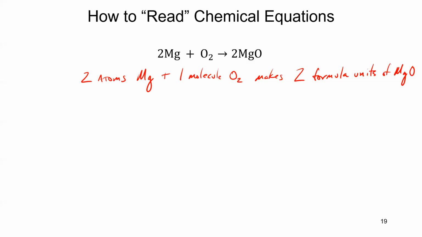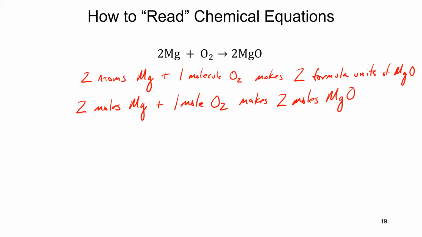Now again, generally we're not thinking about things at the atomic level. When we're doing a reaction in lab, we're going to do that reaction at the lab scale. And so instead of atoms, we're probably going to use moles. So another way we can think about this is 2 moles of magnesium plus 1 mole of O2 makes 2 moles of MgO.